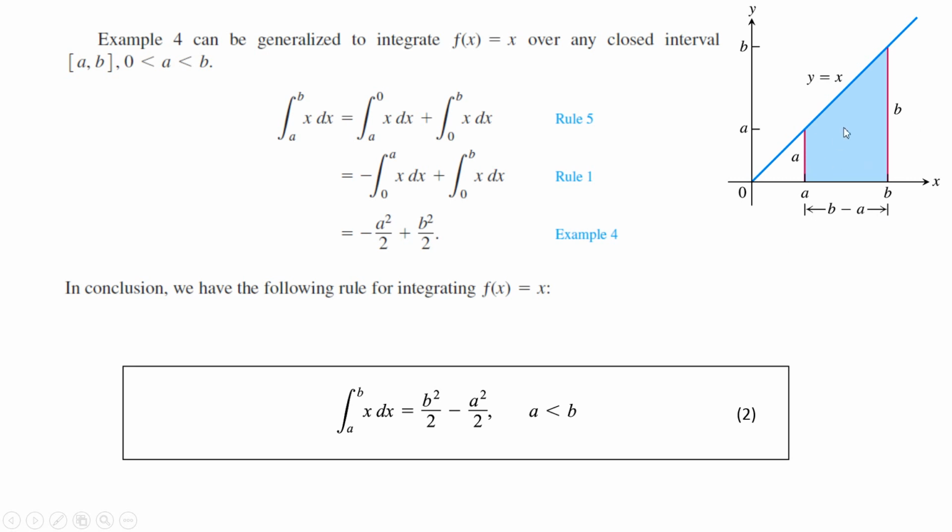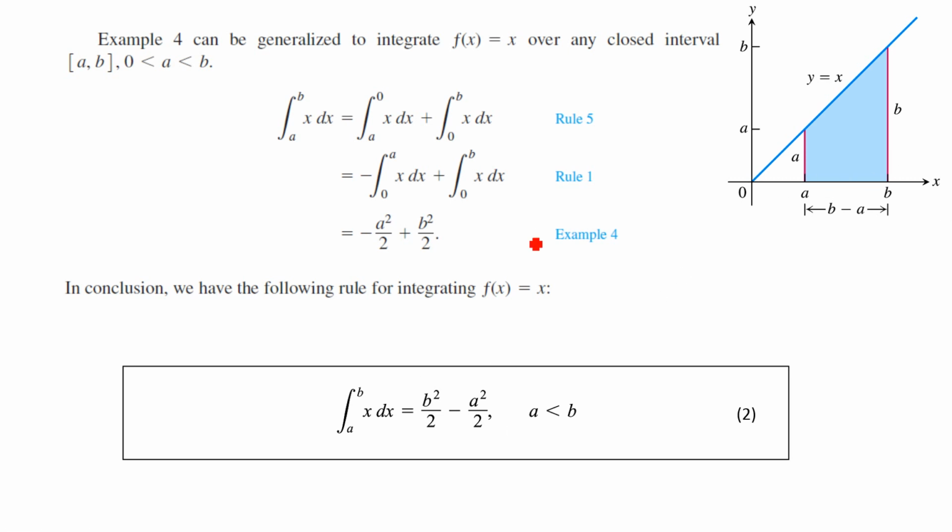And it makes sense. In fact, using the area definition, the integral from a to b is the area under the curve from 0 to b minus the area under the curve over the interval 0 to a. So it makes sense.